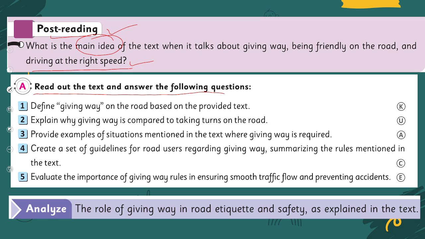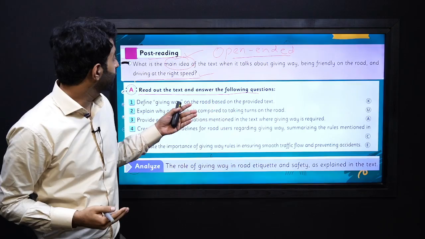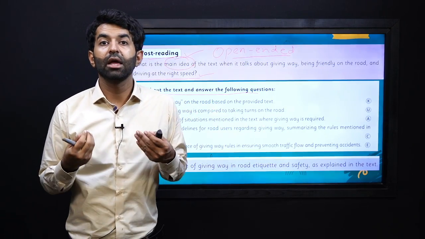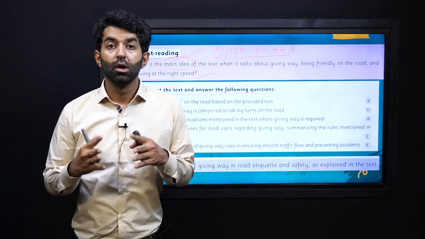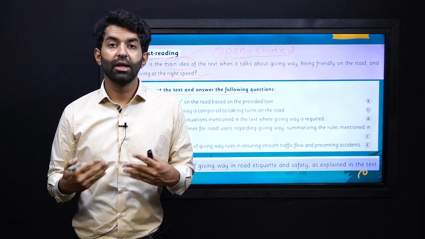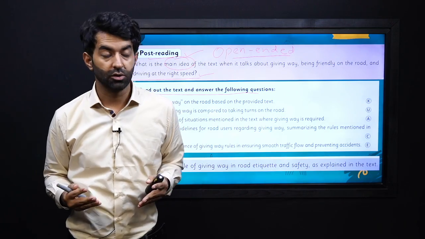This is also an open-ended question. Now, you can answer it openly. First, you will read the text and then answer it. We have to tell what the main idea is. We have to understand the main idea first and then tell it in our own words. And this will complete the answer.